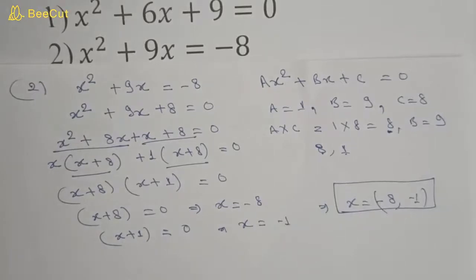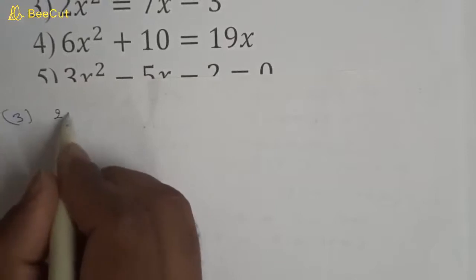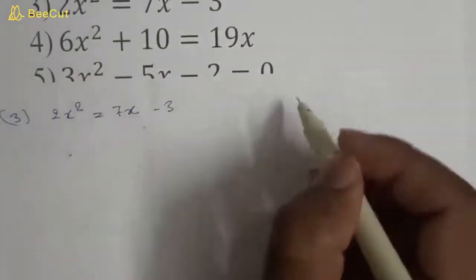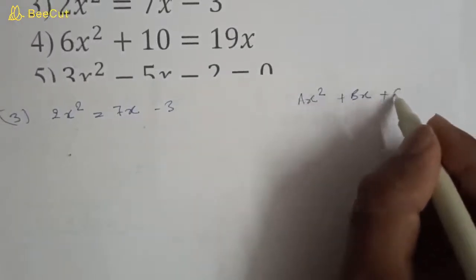Now we will see the third case, which is 2x square is equal to 7x minus 3. We will write it in standard form, ax square plus bx plus c is equal to 0.